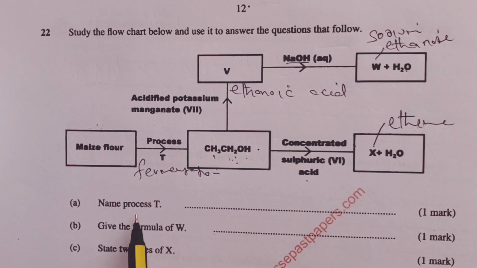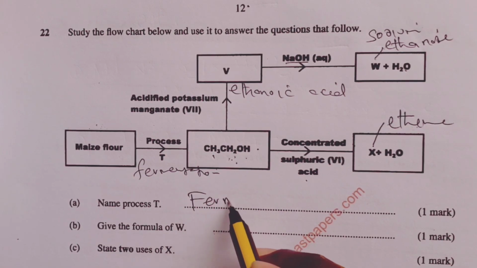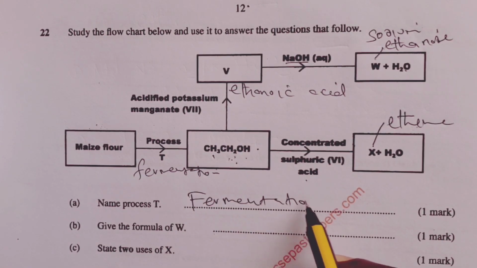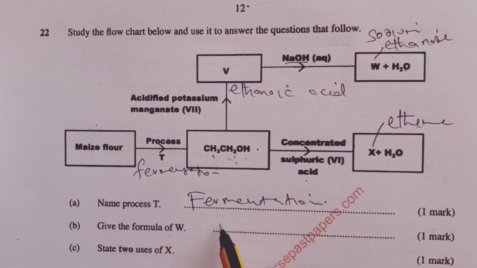We are told to name process T, and process T is fermentation. 2, we are told to give the formula of W. W is sodium ethanoate. Sodium ethanoate has the formula CH3COONa, sodium ethanoate.